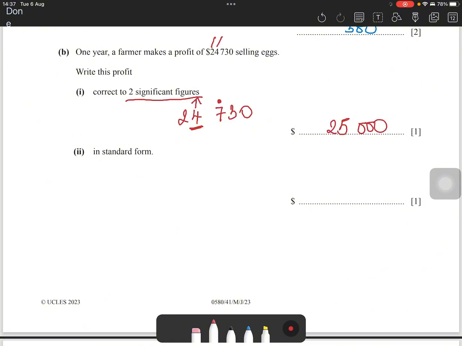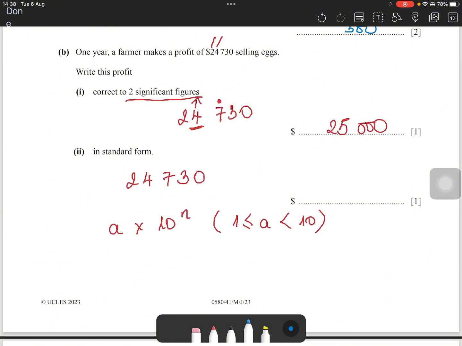Second question. We write this profit in standard form. You know that standard form has the form of a multiplied by 10 to the power of n. And your a must be a number greater than or equal to 1 but less than 10.